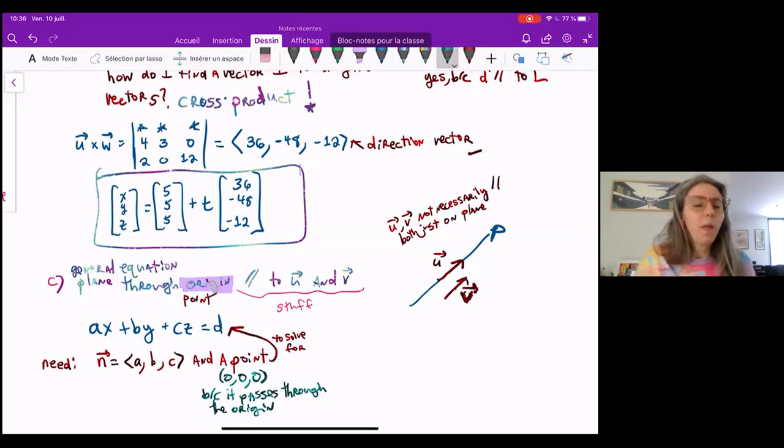Maybe a good way to think about this is we have two types of vectors: normal vectors and direction vectors. For the most part, those are the vectors we deal with when working with planes and lines. One of them is going to be parallel and one of them is going to be perpendicular. What does the word direction mean? The direction vector gives me the direction of the line, so it's going to be parallel, which leaves the normal vector to be what?